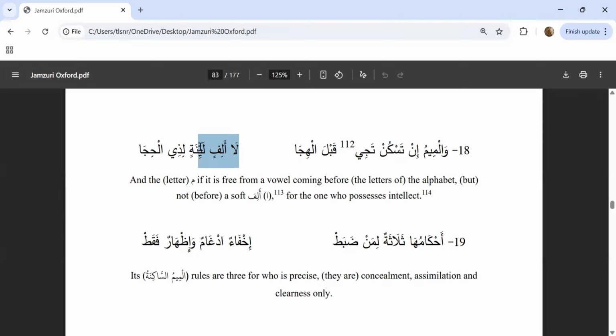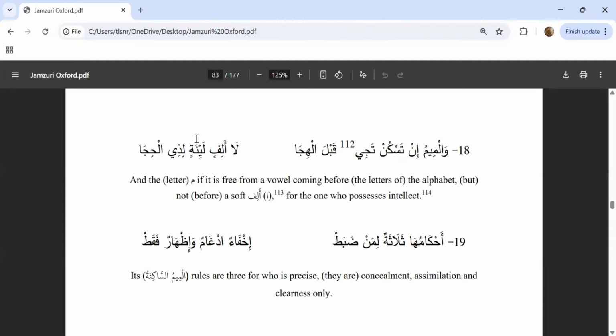And then he says, لا ألف لينة, but not before a soft alif, لذي الحجا. So the one who possesses intellect.